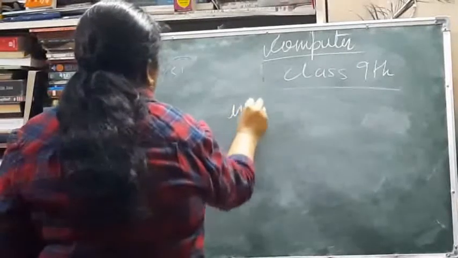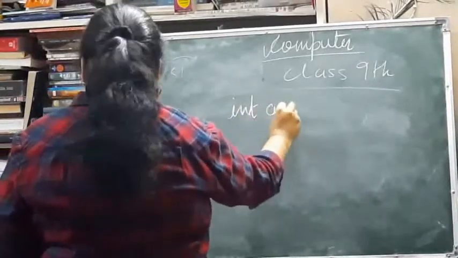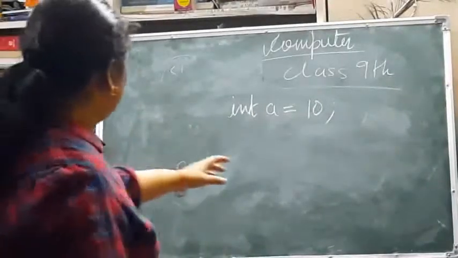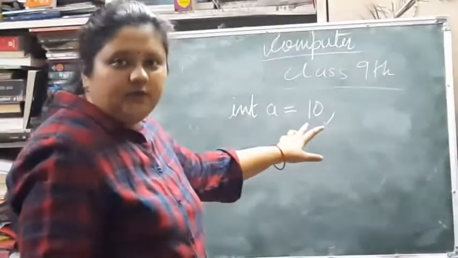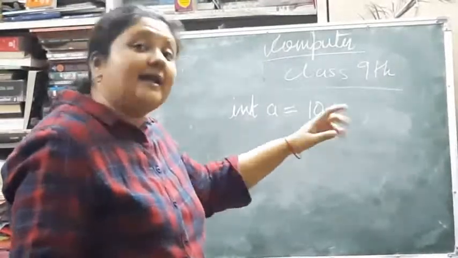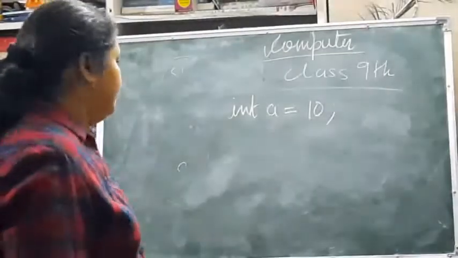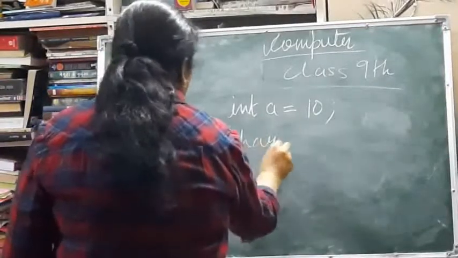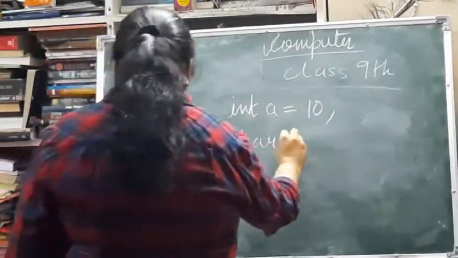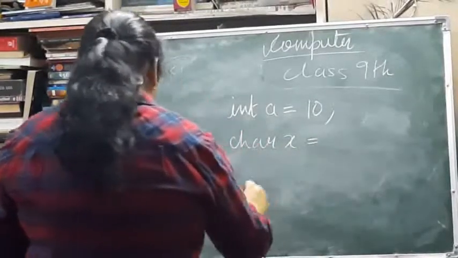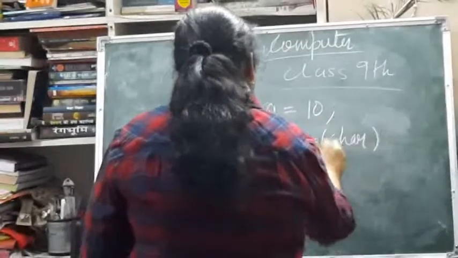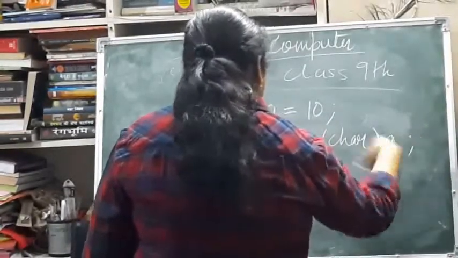Suppose I have some integer type value, say a = 10, and I want to get its character value. How will I do it? I'll use a character type variable, say x, and I will convert a to char like this.